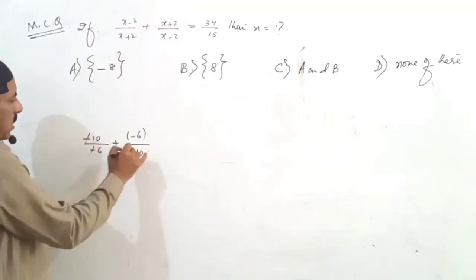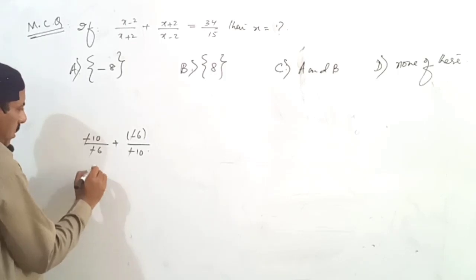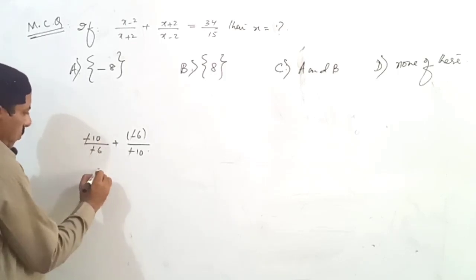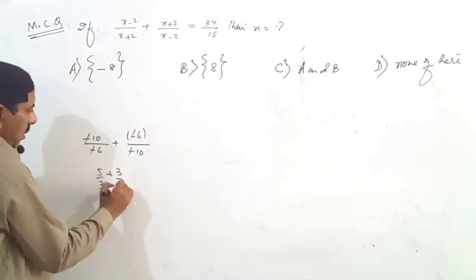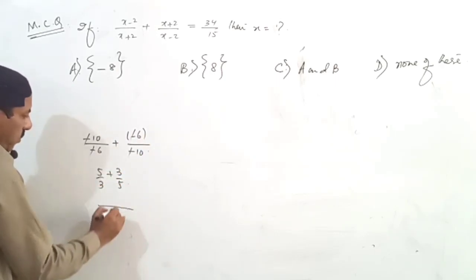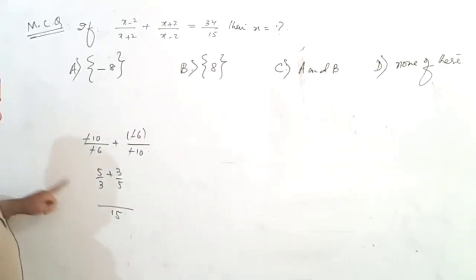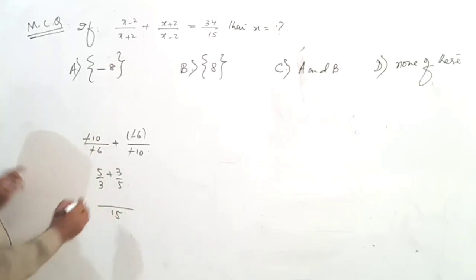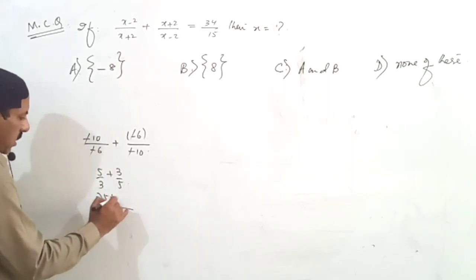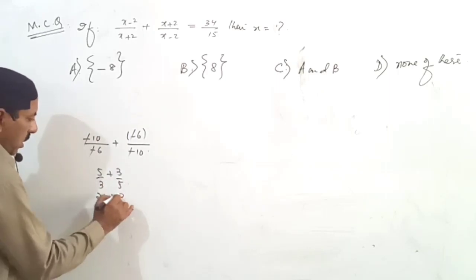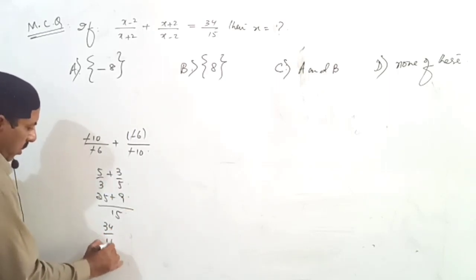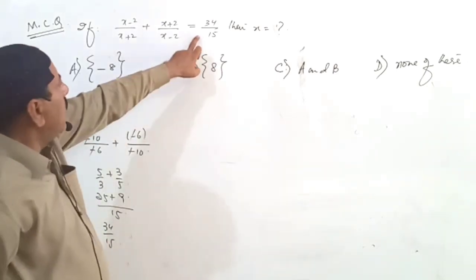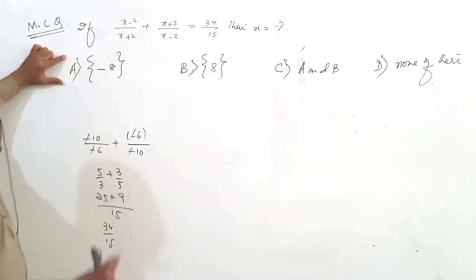So minus minus cancel. This will be 5 upon 3, this will be 3 upon 5. 15 is the LCM. 3 5s are 15, 5 5s are 25, plus 5 3s are 15, 3 3s are 9. 25 and 9, 34 upon 15, which is also correct. So minus 8 is correct.